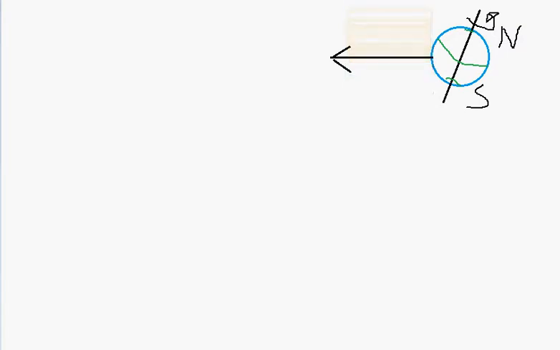So we're going to draw here a little sun here, and then we're going to sketch the orbit that the Earth follows as it rotates around the Sun. That orbit is not a circle.